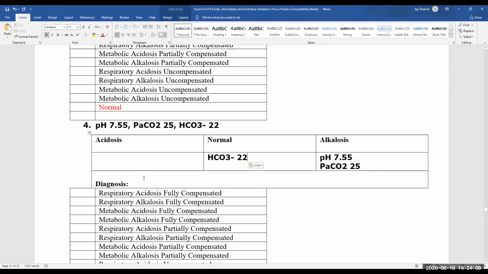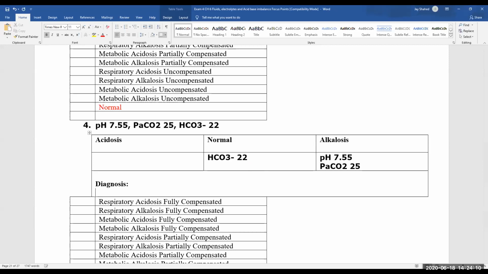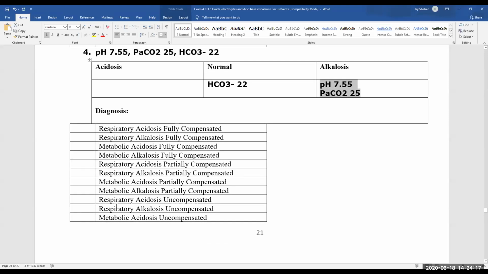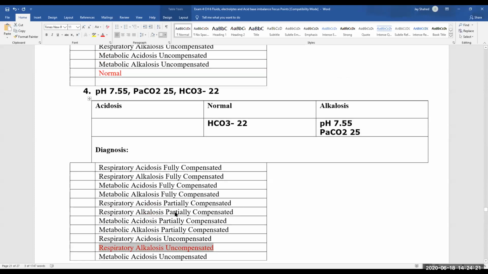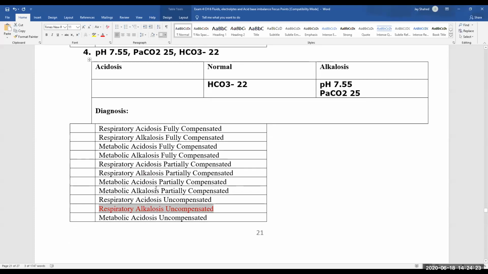All right, you tell me now. Respiratory alkalosis, uncompensated. Is that understood, why? As soon as this is not changing at all and stays normal, that means we haven't compensated anything. It's uncompensated, but it's still respiratory alkalosis.